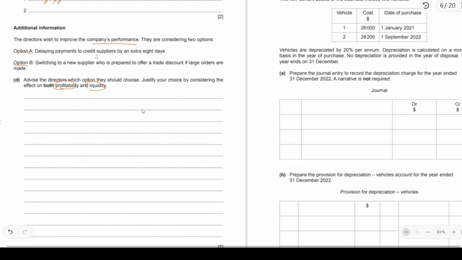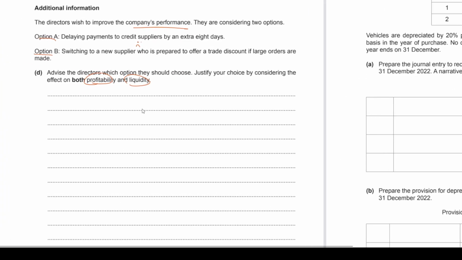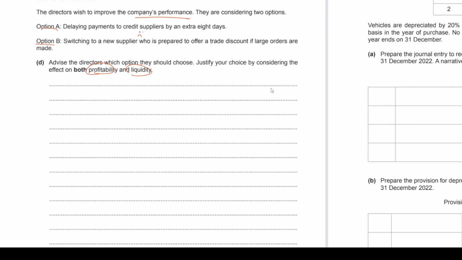It's mostly non-financial factors. So to improve the company's performance, two options. One is delaying payments to credit suppliers. What implication will that have on our liquidity? It will be good for us. It will give us some extra time to pay back our suppliers.